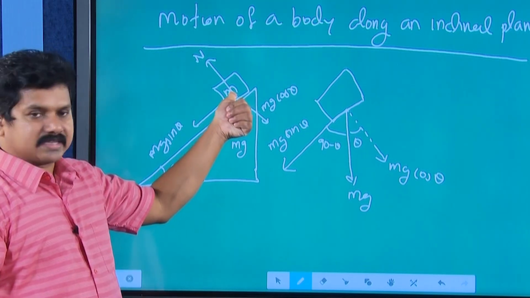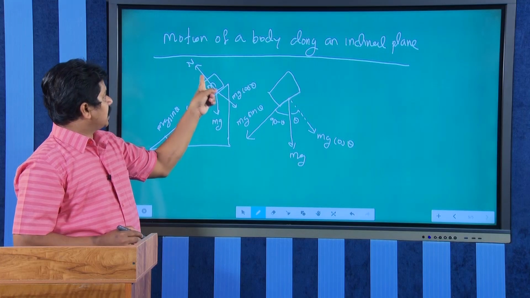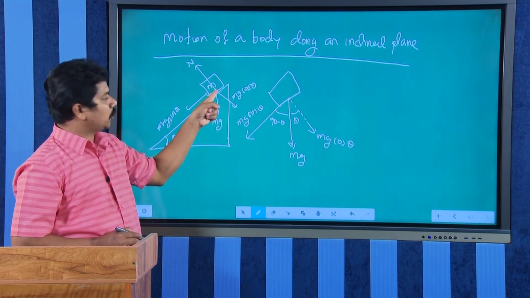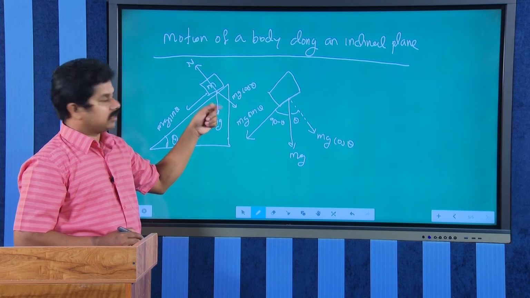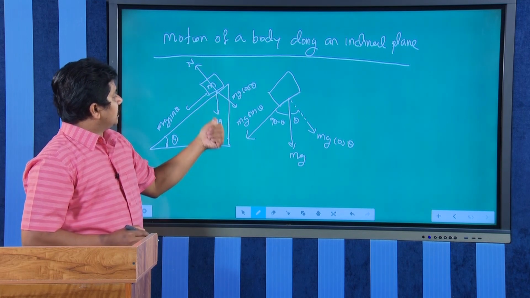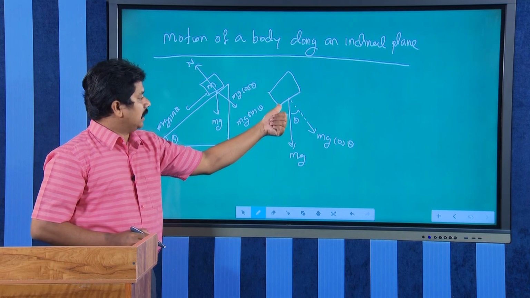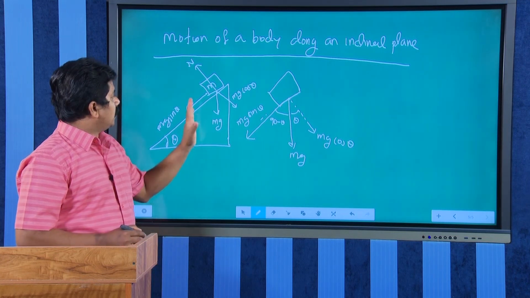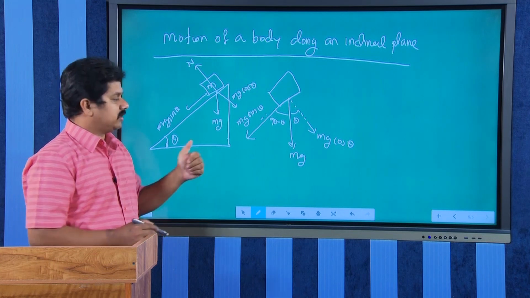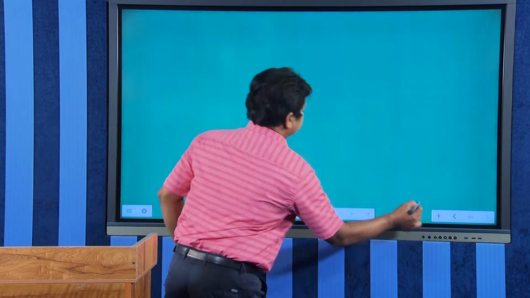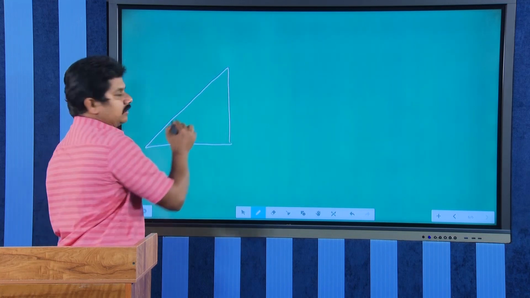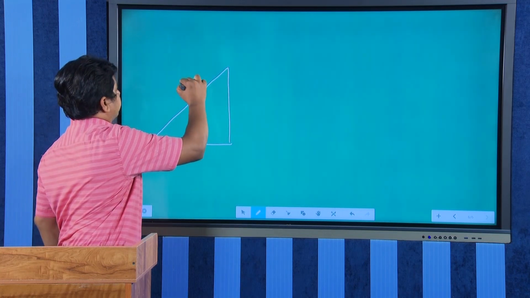So, I repeat. We have a block of mass m, a normal reaction will be acting up, mg will be acting down, up in the sense perpendicular to the plane. Okay. Now, we resolve this mg along the plane and perpendicular to the plane. Okay. Now, the forces acting on this block, we can express it like this.